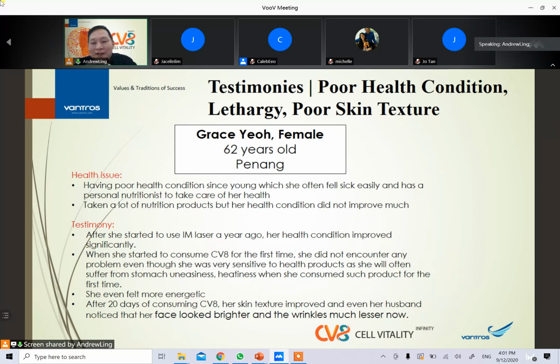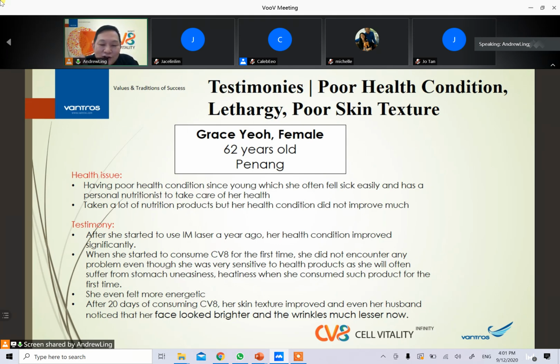That is why she even had a personal nutritionist to tell her what to eat to take care of her health. She took a lot of nutrition products, but her health condition did not improve very much. But after she started to use this IM laser a year ago, her health condition improved significantly as compared to last time.